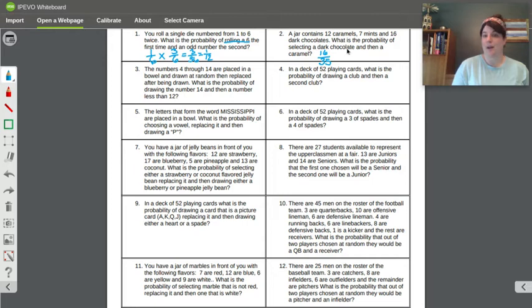Now with this problem, we're not putting that chocolate back. We're going to eat it. So the second time we reach our hand in, we want to pick out a caramel. Well, the first one we picked out was a chocolate, so there's still 12 caramels. So we have 12 chances to get a caramel, but we ate one of the candies. So there's not 35 in the jar anymore.